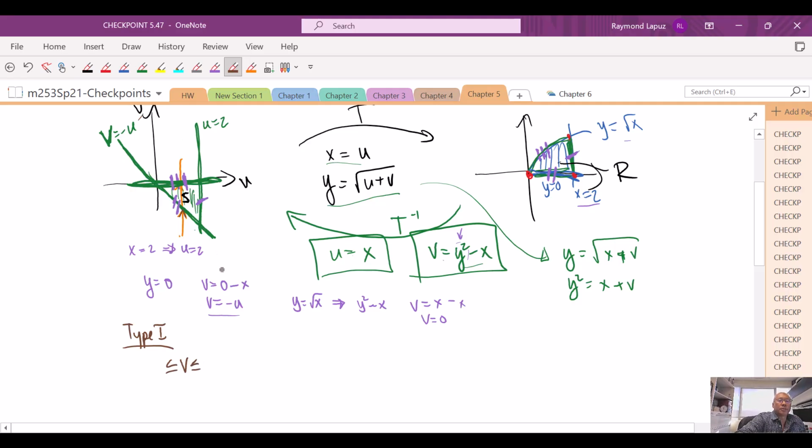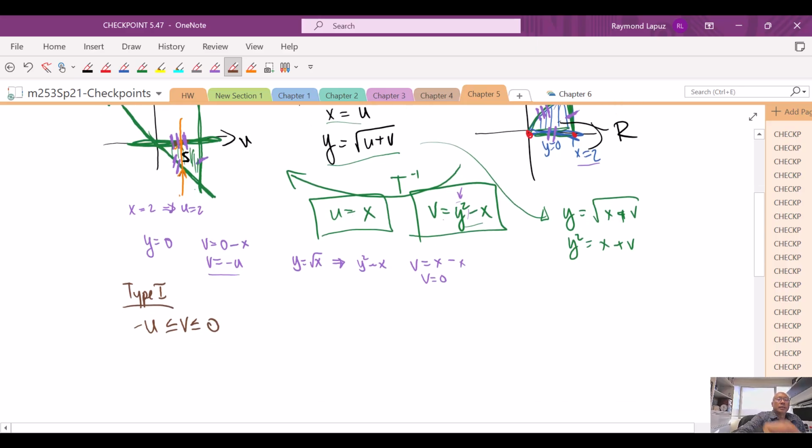We're going to enter through v is equal to negative u, and we're going to exit through v is equal to 0, so that 0 is always nice. And then our u limits are going to be constants, and that just starts here at u is equal to 0, and I believe this is u is equal to 2, so 0 to 2.